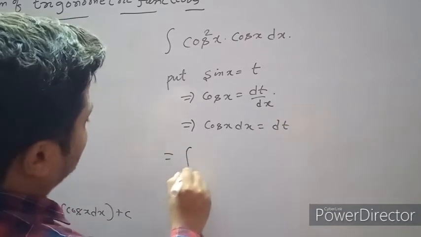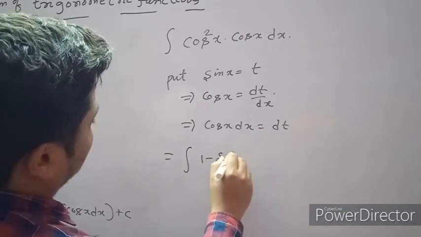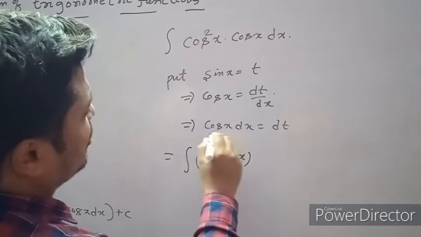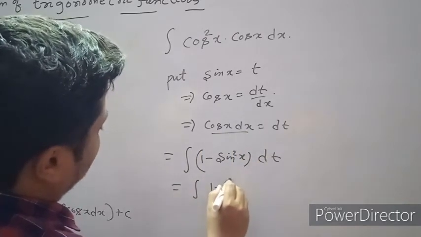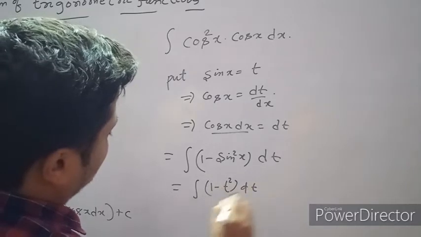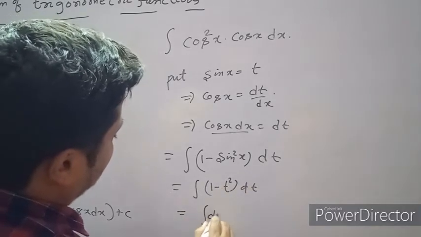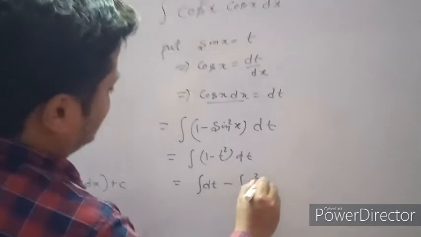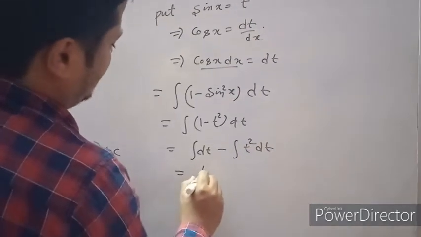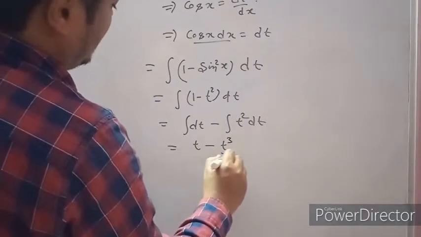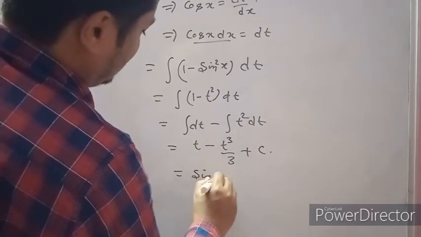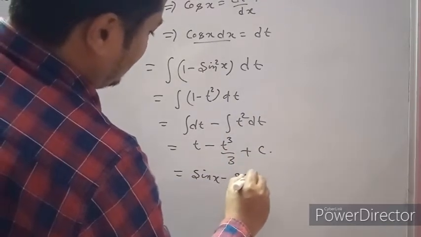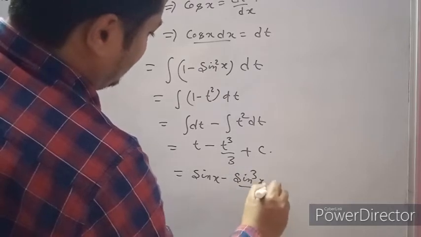So this is integration (1 minus sin square x) cos x dx, that is dt. So integration (1 minus t square) dt. So what you would get? Integration dt minus integration t square dt. t minus t cube by 3 plus c. So that is sin x minus sin cube x by 3 plus c.